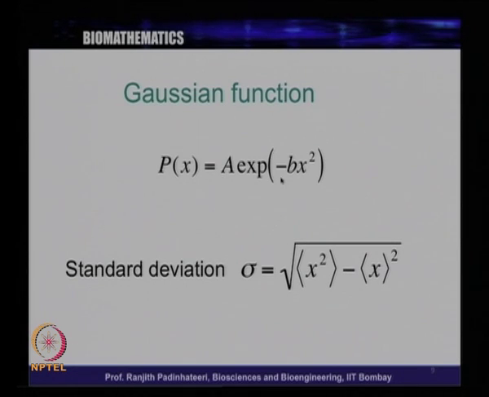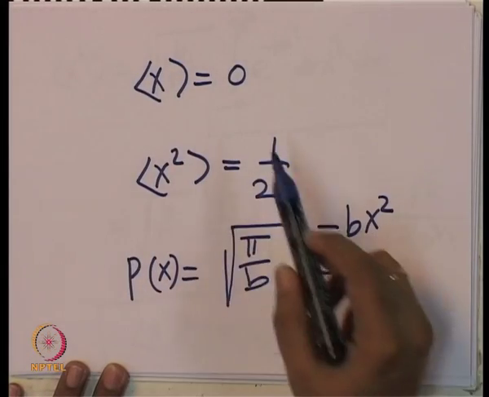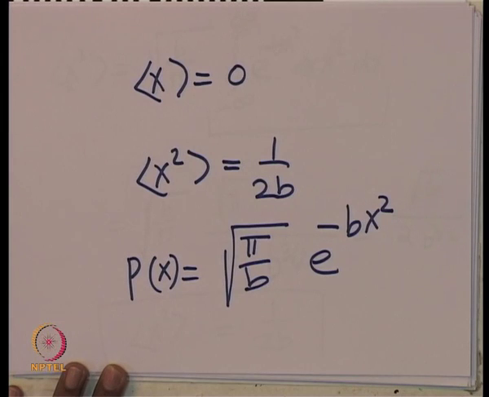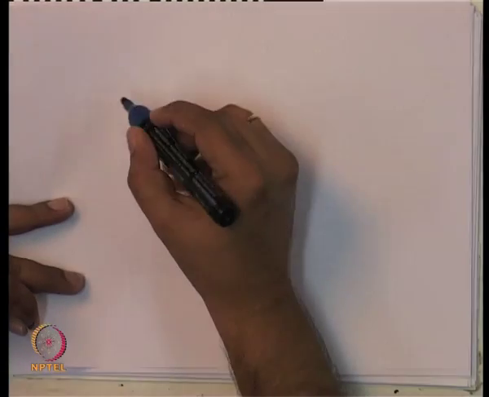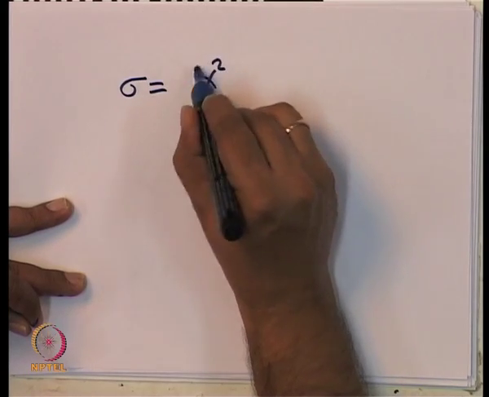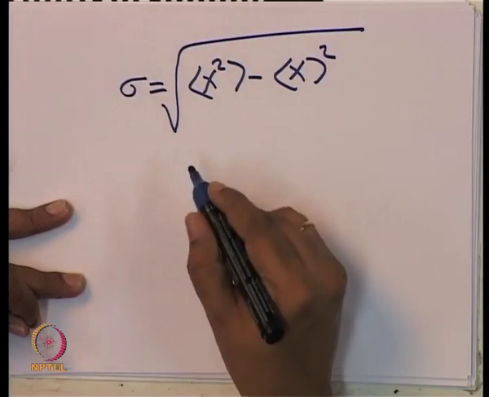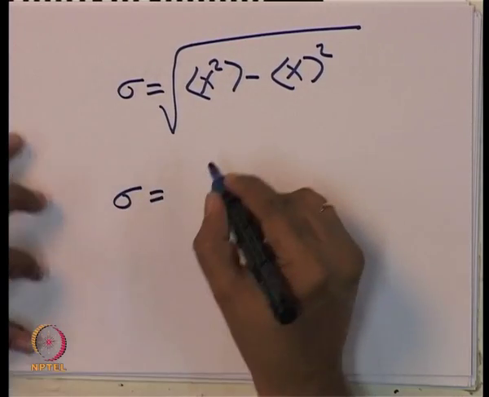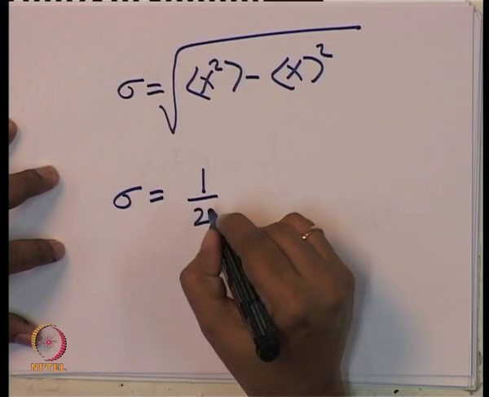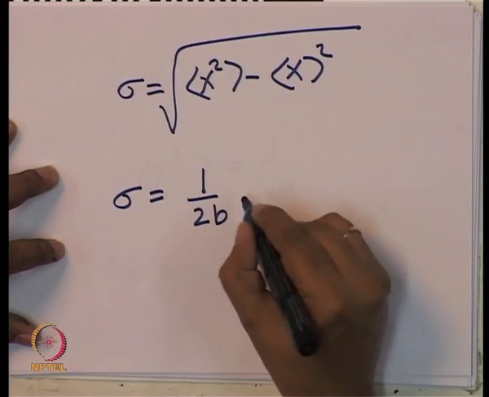And what is the standard deviation if you know these two? The standard deviation is the root of x square average minus x average squared. Here, x square average is 1 over 2 b and x average is 0, so sigma is root of 1 over 2 b minus 0.